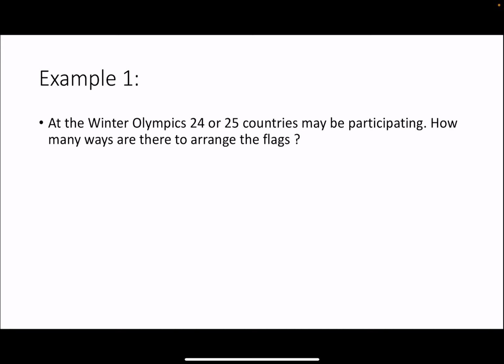So I can either arrange 24 flags, or I can arrange 25. If 24 are participating, I do 24. If 25 are participating, this is 25 different ways to arrange it. None of these intersect. These two groups are mutually exclusive.